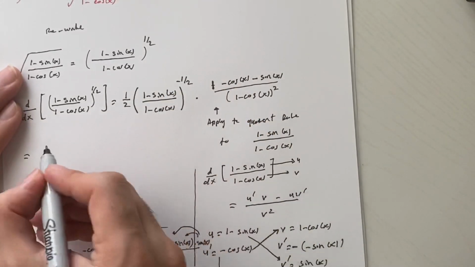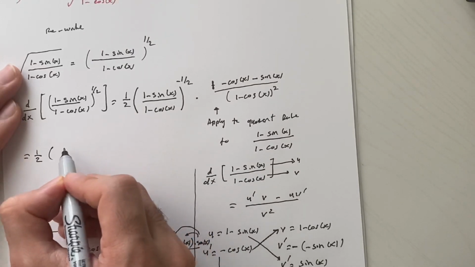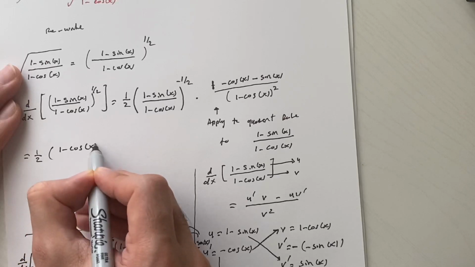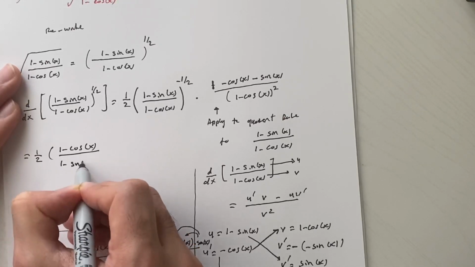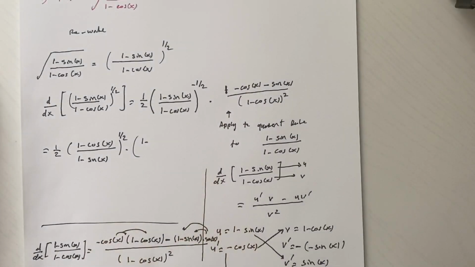So you notice here, what's between the parentheses is to the negative half power. This is a fraction. We can flip this fraction, so it becomes positive. So I flip that fraction and the power will be half instead of minus half.